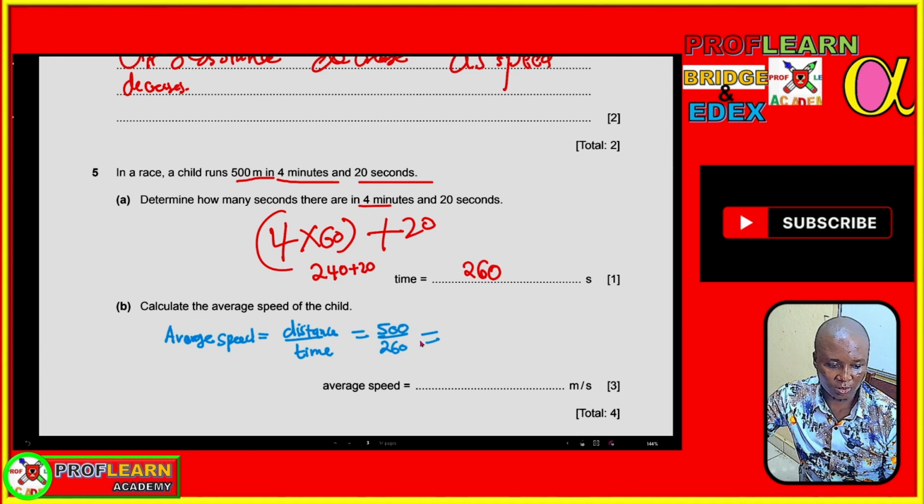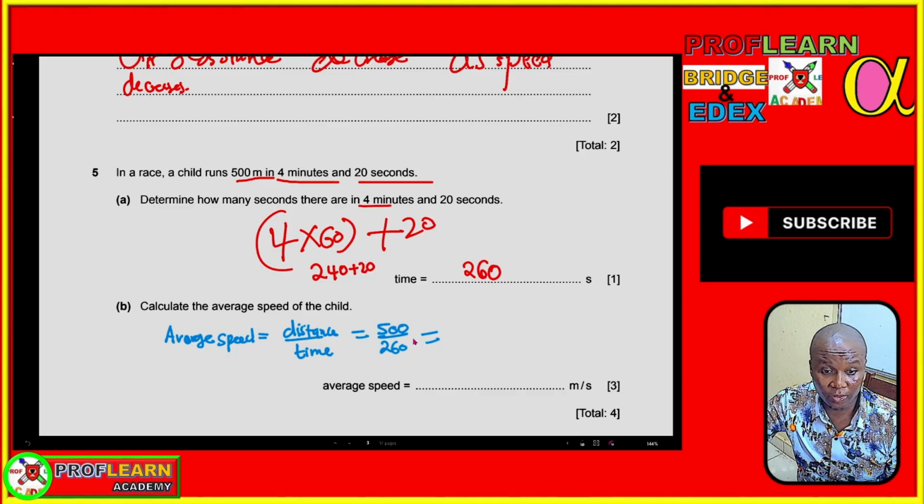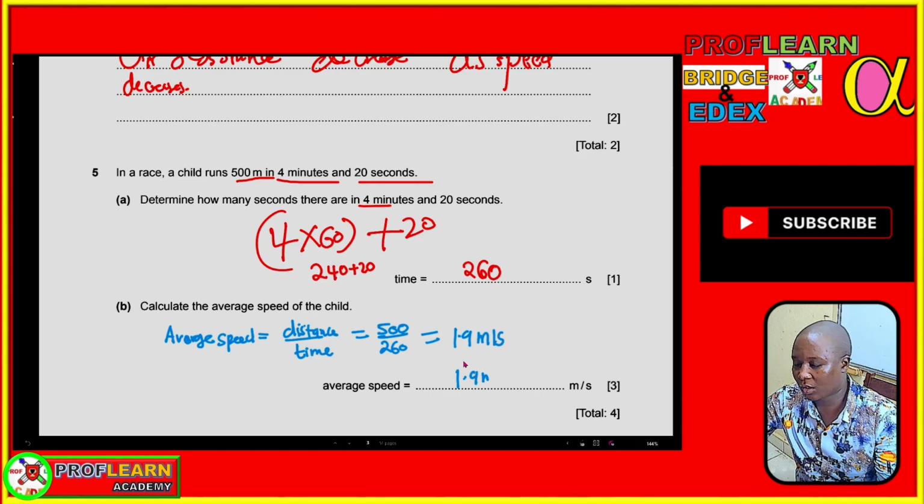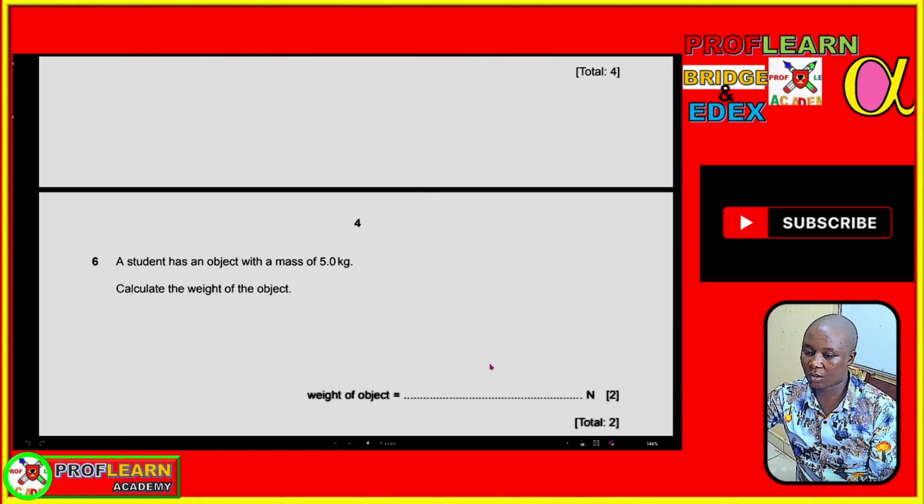If you work it out, you are going to get your average speed, which is 1.9 meters per second. Already the units are written, so we are not going to repeat writing the units.